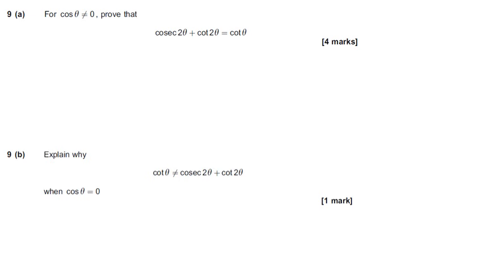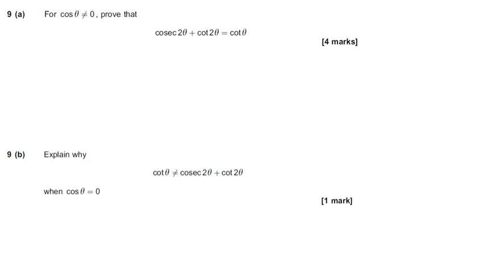Okay, now just a little bit of trigonometry. So for cos theta not equal to 0, prove this identity. Okay, so first of all, it's often useful to rewrite things in terms of the more familiar sines and cosines. And what you should usually do when proving an identity is start with the more complicated side and go to the simpler side. So I would start with the left-hand side here because that's more complicated.